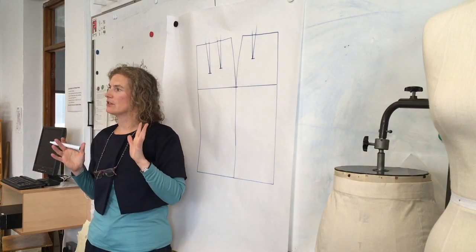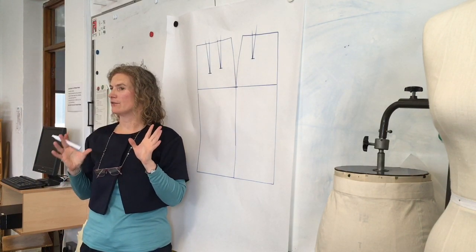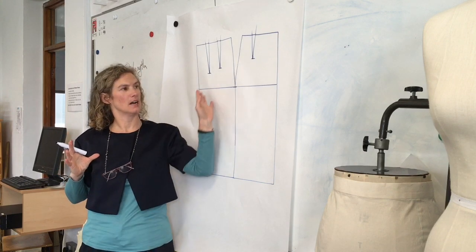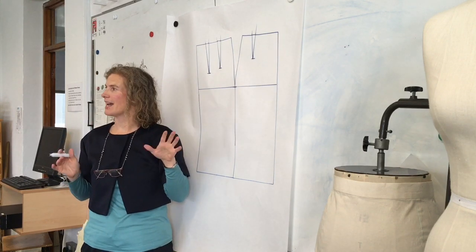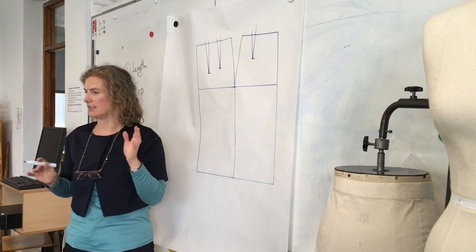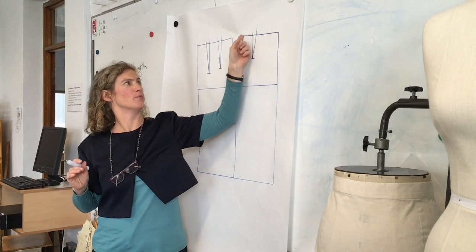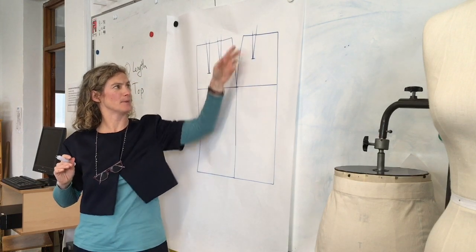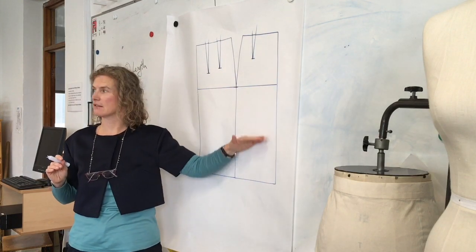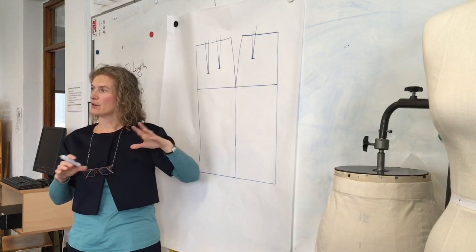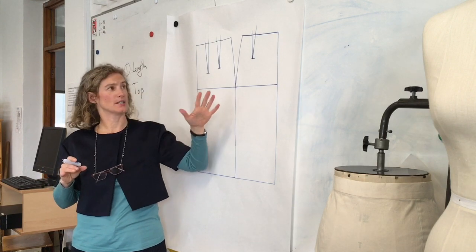So when we're adapting for our style of skirt that we want, we can't change the size, essentially. So the things that represent the size are that waistline and that hip line. We can change the length, but we're not trying to change the size.